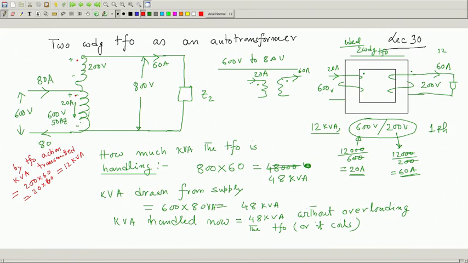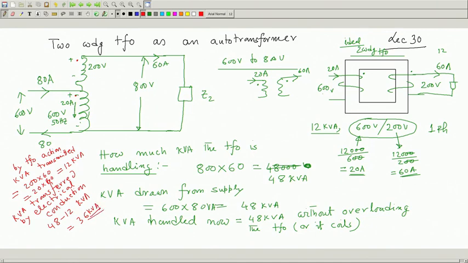And then I will say 48 kVA is total transferred. So, I will say kVA transferred by electrical conduction must be 48 minus 12, that is equal to 36 kVA.